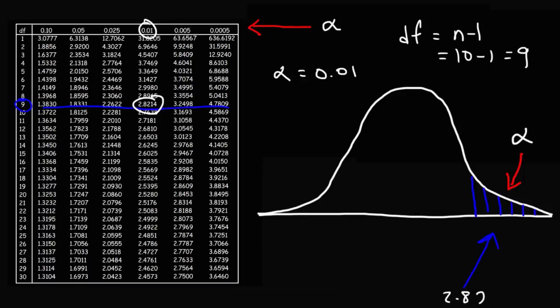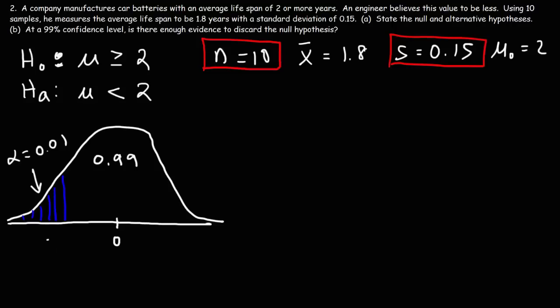Now, it's positive 2.82 on the right, but it's negative 2.82 on the left. Now, for the particular problem that we're dealing with, the area under the curve was shaded on the left side. So we're going to use negative 2.82 as our t-value. So we have a critical t-value of negative 2.82.